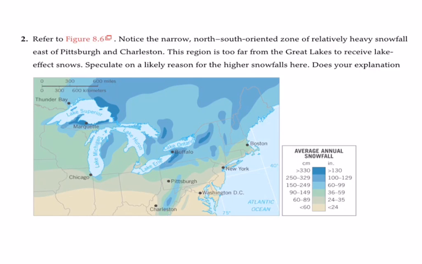So for this one, you probably recognize these are the lake effect snow, right? Lake effect snow, lake effect snow, lake effect snow. And then what this question says is, what the heck is that? It's not lake effect snow, because it's too far from the lakes. I'm thinking mountain region, yep.